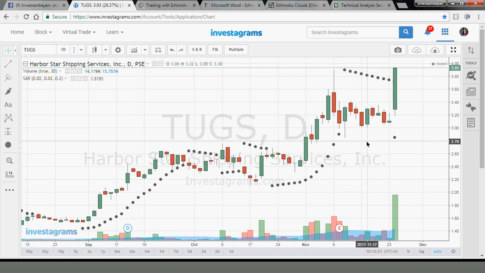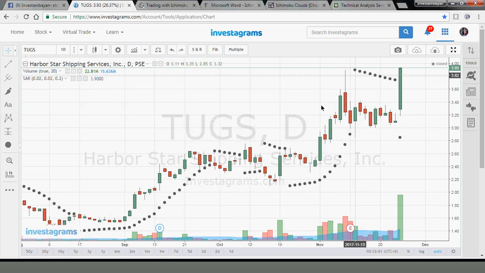Alright? So, maganda ba yung idea ng parabolic stop and reverse? Yes. Personally, I really like this thing. It works well with both swing trading and also position trading. Most likely sa position trading. Kasi, hintayin mo lang talaga kung kailan siya magbibigay ng sell signal.